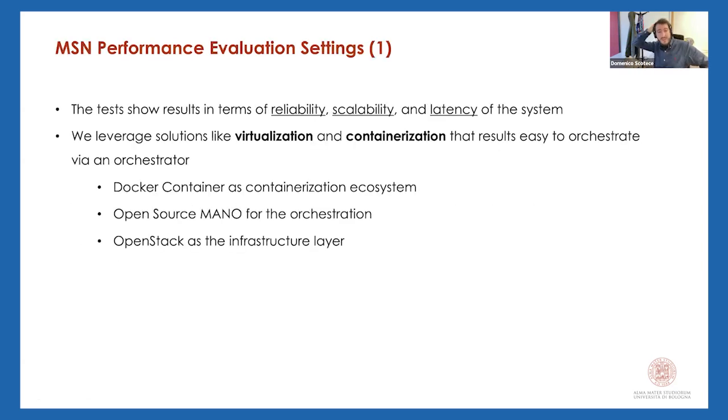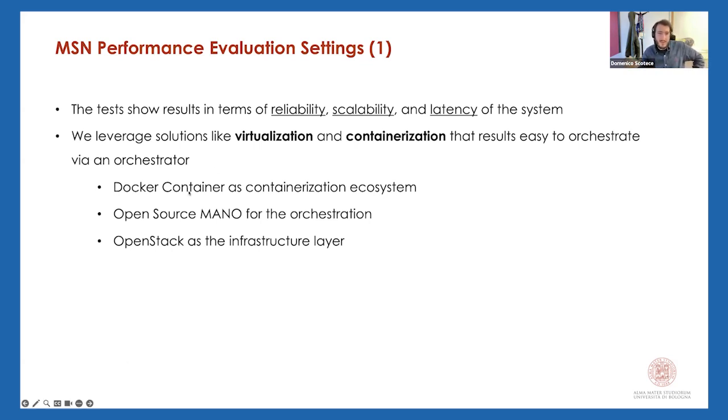In our test, we want to show results in terms of network latency for sure, and also in terms of reliability and scalability. We also leverage solutions like bare metal, then virtualization in a virtual machine, and containerization in a Docker container.